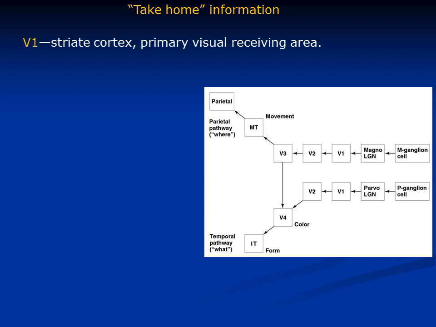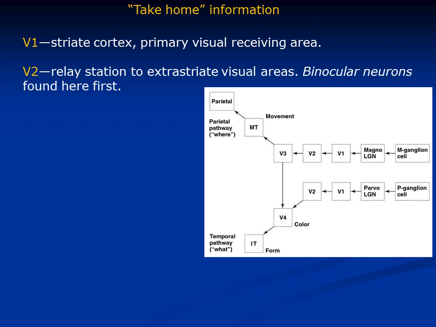Here's the take-home information. V1 is the striate cortex. It's where everything from the front end, the retinas and LGN, etc., ends up in the back. And then it's organized, it's projected to different areas. V2, as you follow it from the right to the left in the diagram, is sort of a relay station. You start to see neurons that are sensitive to input from both eyes.